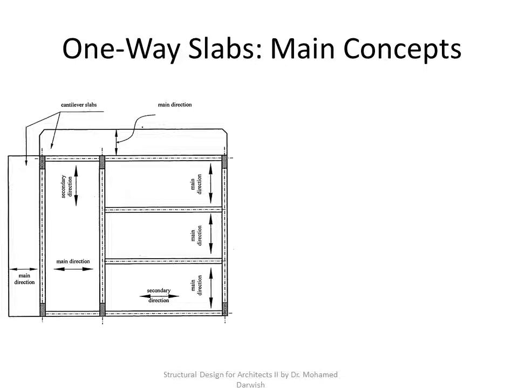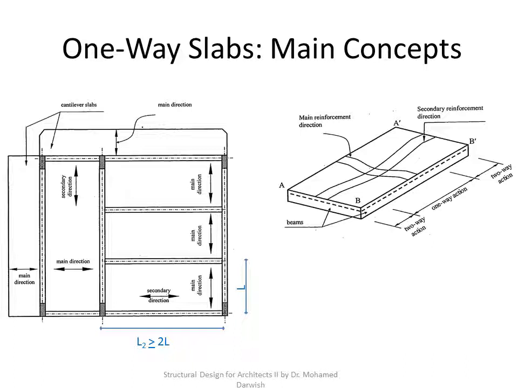However, the secondary direction contains only minimum steel. This main versus secondary direction configuration is done mainly because one of the two dimensions is more than double the shorter dimension. So the longer dimension is more than double the shorter dimension as shown here, where L2 is more than double L.